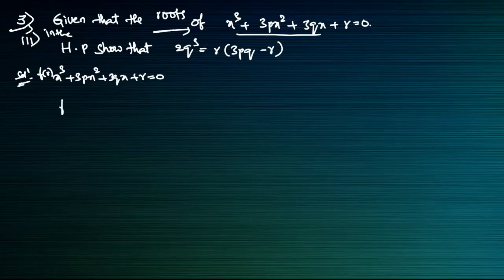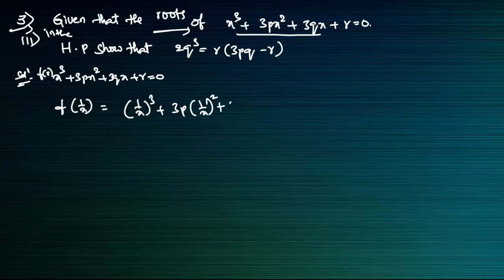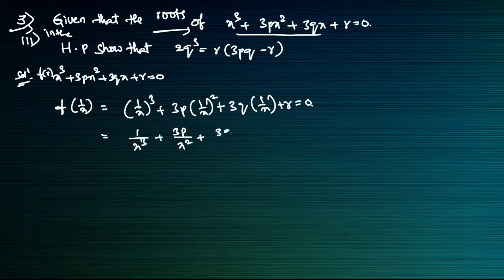So here f of 1 by x is equal to 1 by x whole cube plus, in this I am substituting, 3p into 1 by x whole square plus 3q into 1 by x plus r is equal to 0. So we can write it as 1 by x cube plus 3p divided by x square plus 3q divided by x plus r is equal to 0.